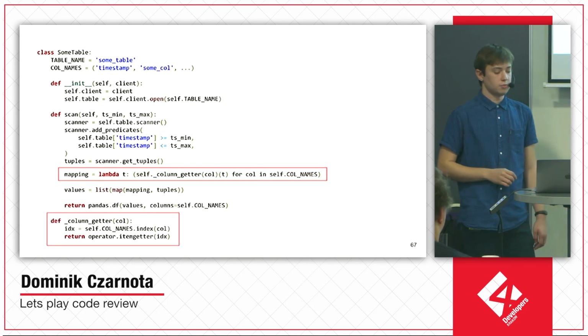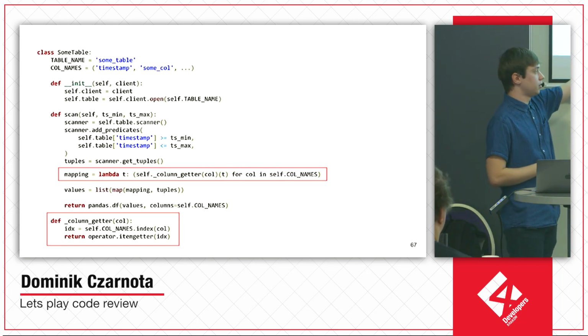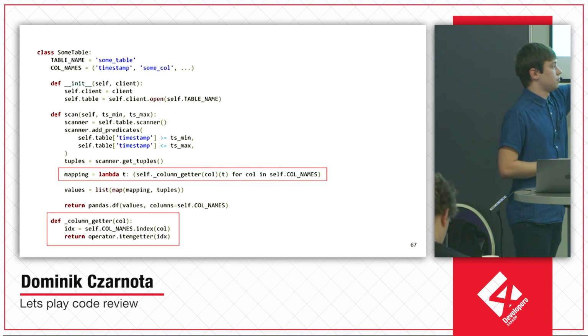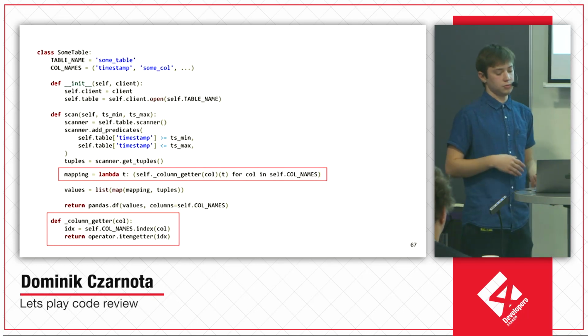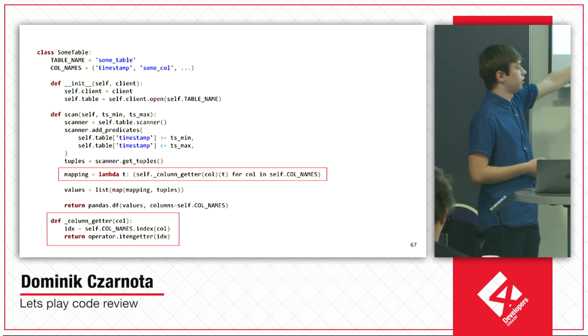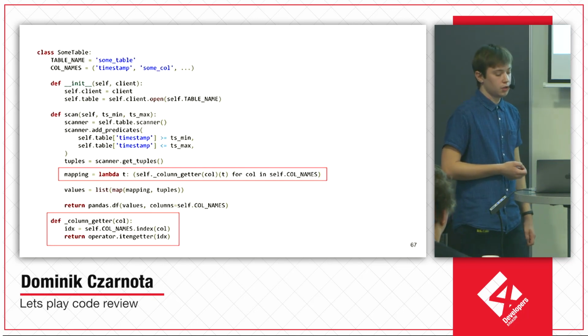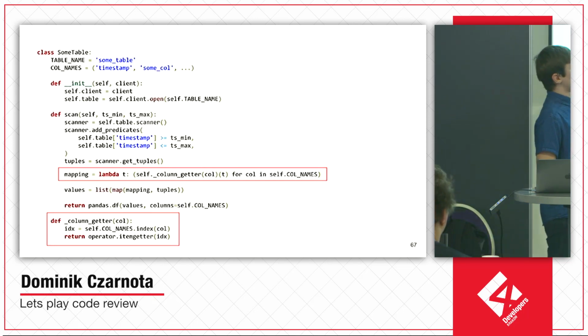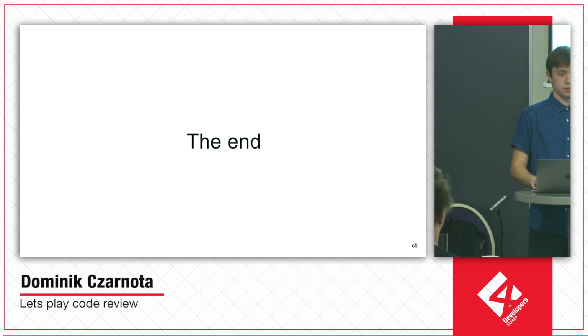So you can create some kind of column getter and use the built-in operator module, which has the itemgetter thing, where you provide some index, and it returns a function that will retrieve a given item out of the thing that you put into it. So here I am retrieving the index of the column name first, and then I am returning this itemgetter. And here I am just retrieving all the column names using this column getter. And that's all.